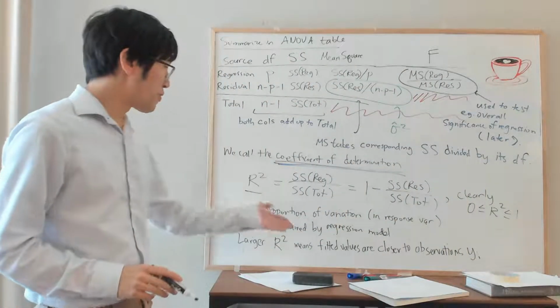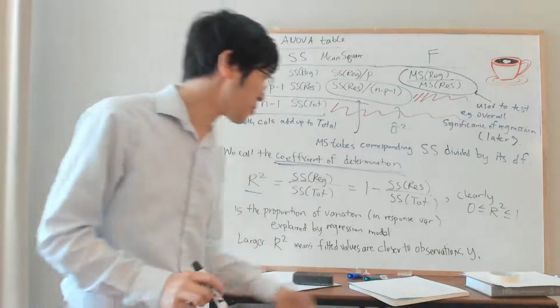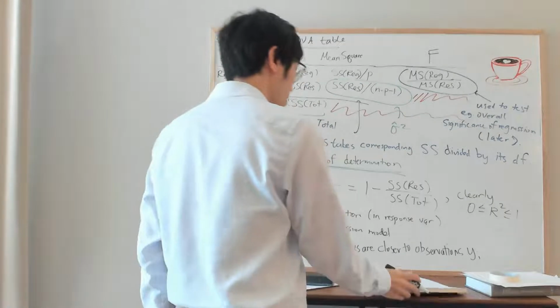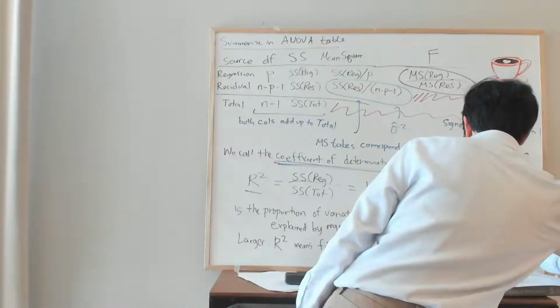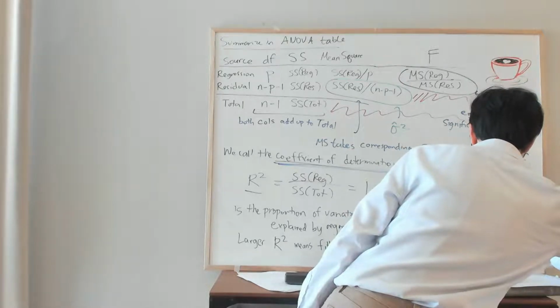And in turn, if the fitted values are closer to the observations, that means the residuals are small, and that means you have a smaller sum of squares residual.